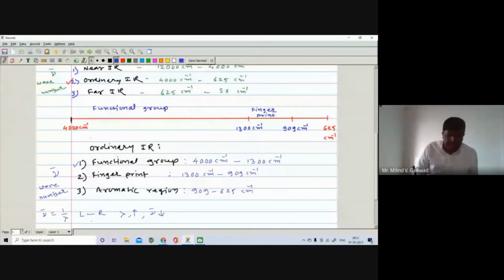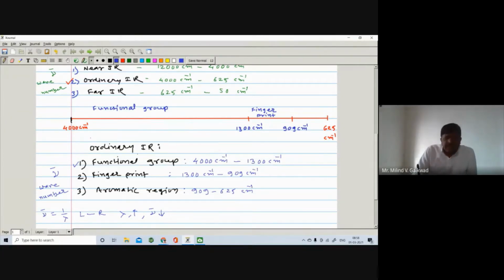So if you see lambda from left to right, lambda increases, but the wave number, as it is inversely proportional, decreases. So here we have seen the relationship between lambda and mu bar, that is the wave number.